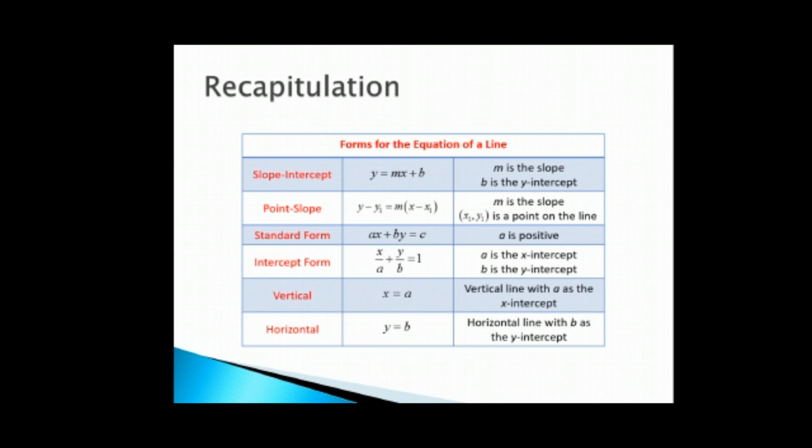Intercept form is x upon a plus y upon b is equal to 1, where a and b are the intercepts on x and y axis respectively. Let us recall the things which you have studied in 10th. A vertical line, the equation of that line is given as x is equal to a, and horizontal line which is y is equal to b.